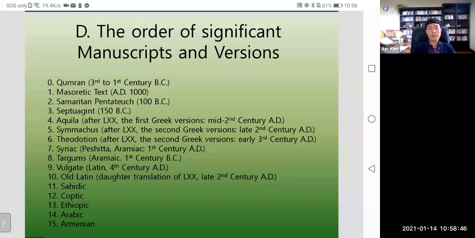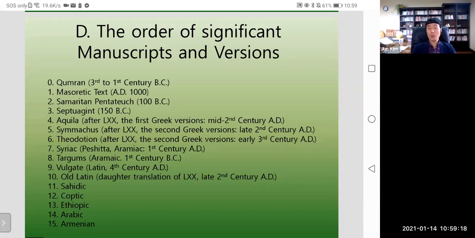Number two, Samaritan Pentateuch. The Septuagint is the Hebrew Bible, the Old Testament, written in Greek. So Septuagint is written in Greek, but the content is not the New Testament, but the Old Testament. You will see that a lot of Hebrew scholars value this Septuagint. They will say, oh, Septuagint supports this, so we need to stay with this.